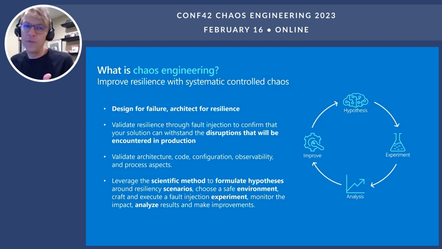Does your DRI, your designated responsible individual, or your on-call engineer have the reporting and monitoring and metrics in place that they can see what's going on with your service? Do they have the correct troubleshooting guides in place when something goes wrong and they need to investigate and see what's going on further? So all of these things are basically enabled by and validated through chaos engineering.